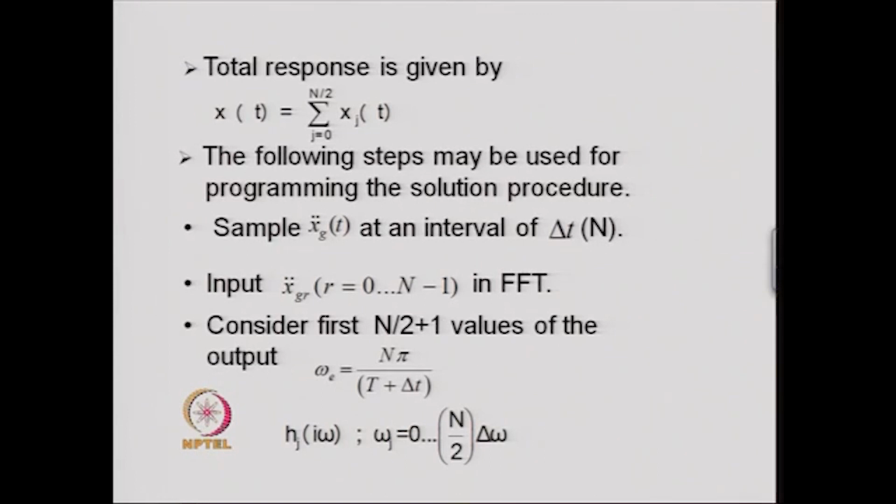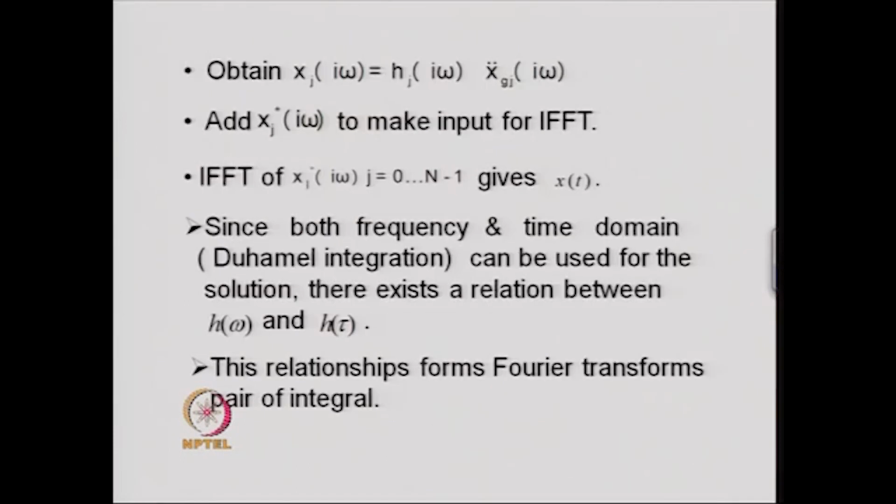Then consider the first n by 2 plus 1 values of the output, and we get the Nyquist frequency, which is given by this, and we obtain Hj(i omega), the complex frequency response function for the single degree of freedom system, which is equal to the inverse of k minus m omega square plus i c omega.